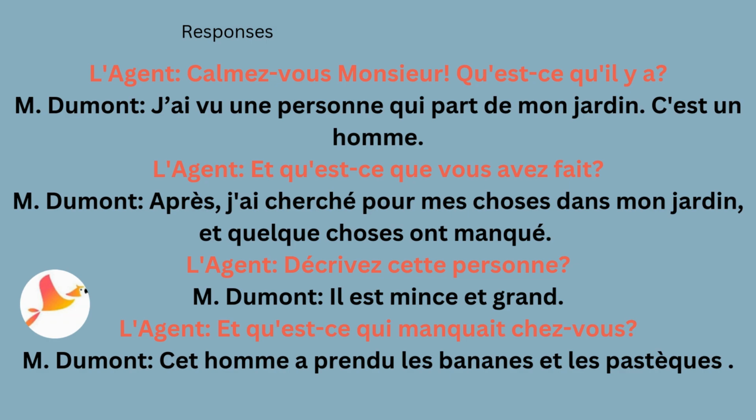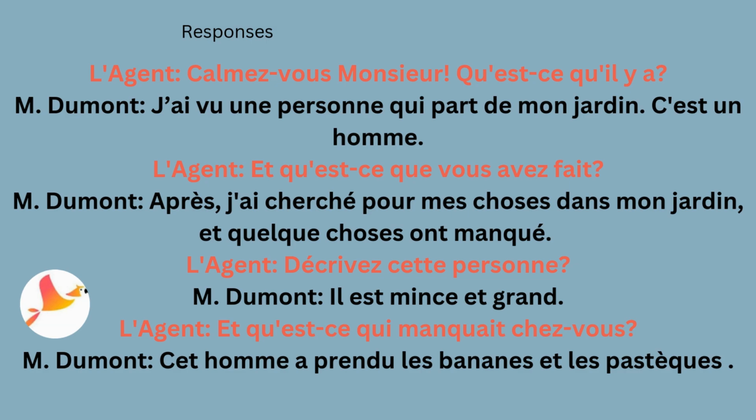So l'agent says, "Décrivez cette personne." Monsieur Dumont says, "Il est mince et grand." L'agent says, "Et qu'est-ce qui manquait chez vous?" Monsieur Dumont says, "Cet homme a prendu les bananes et les pastèques."